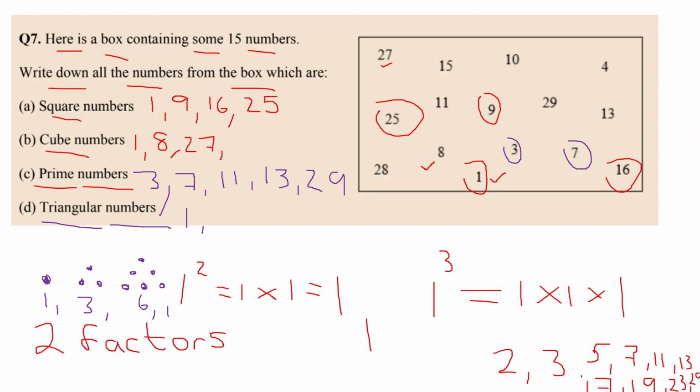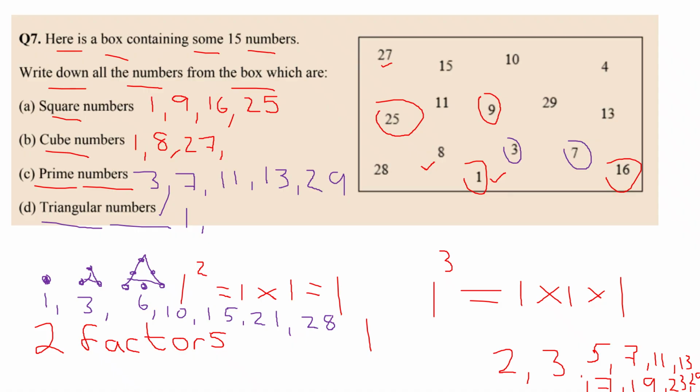Then it goes 10, then 15, then 21, then 28. So you make these so-called triangles, and you count the number of circular dots that I have.